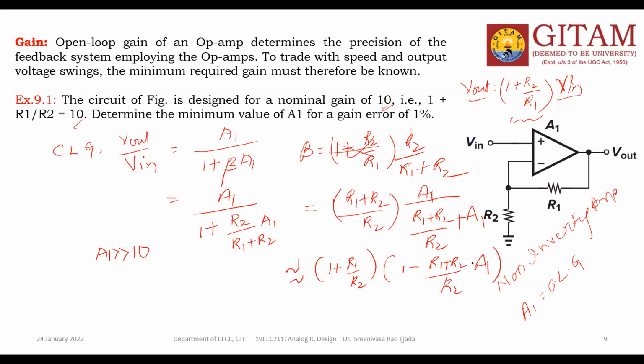Okay, so here 1 plus R1 by R2 over A1 is the relative gain error. This term is called the relative gain error.